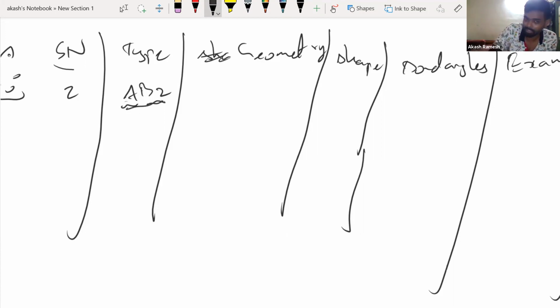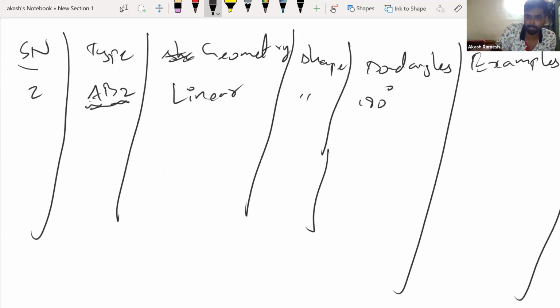For now, write that both the geometry and the shape are linear, and we saw the bond angle is 180 degrees. Examples we saw: CO2, beryllium chloride, C2H2.